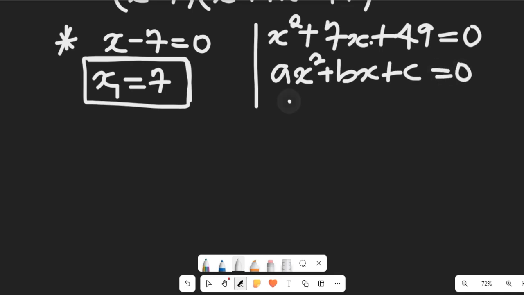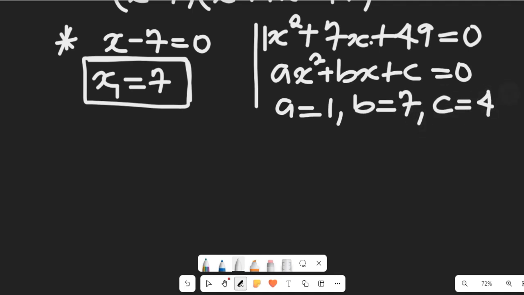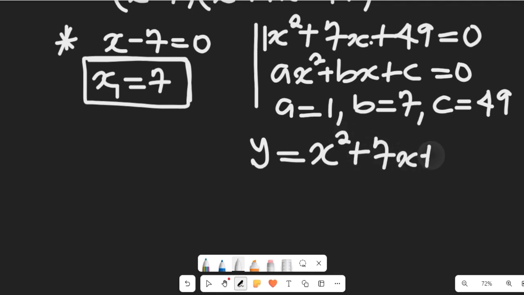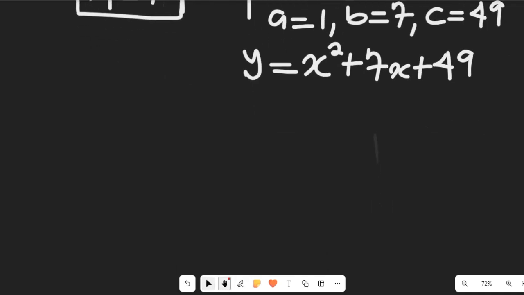You can see that a is equal to 1, b is equal to 7, and our c is equal to 49. Now let's assume that y is equal to x squared plus 7x plus 49, which is the quadratic expression.